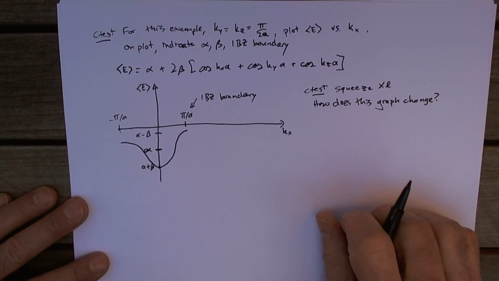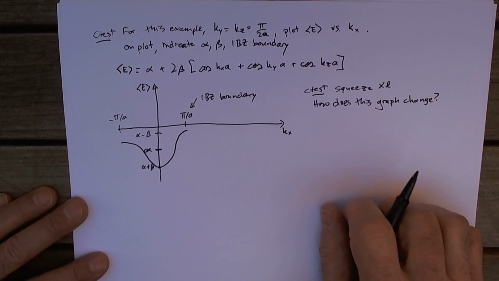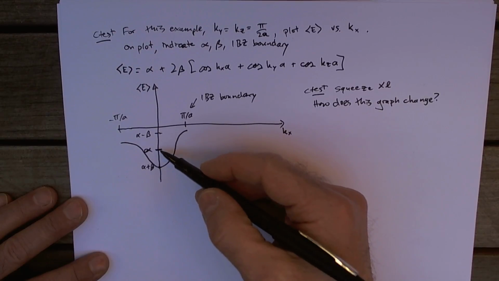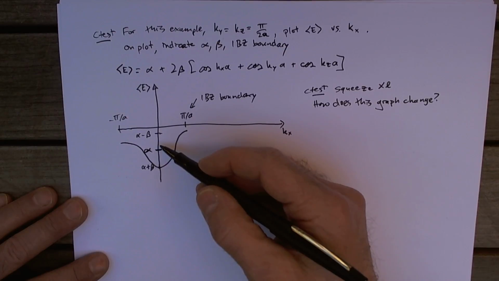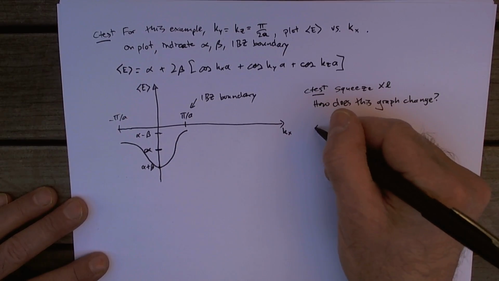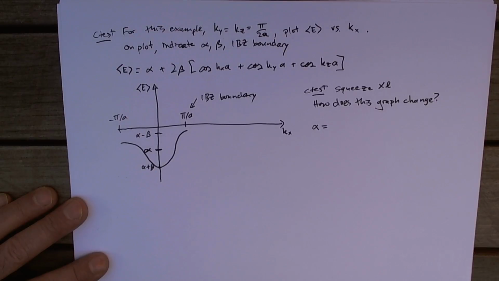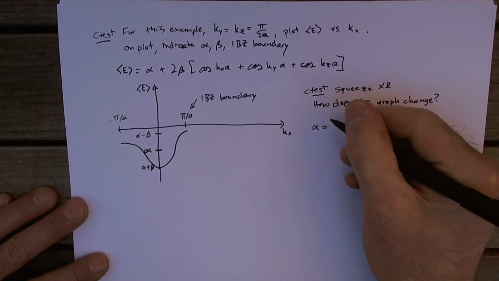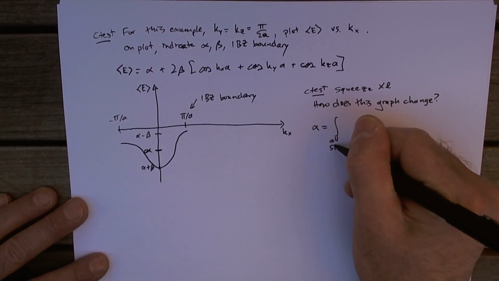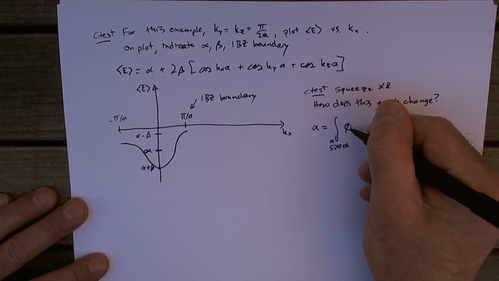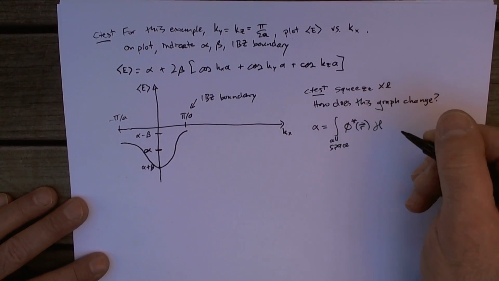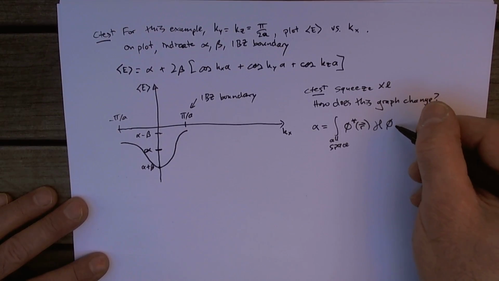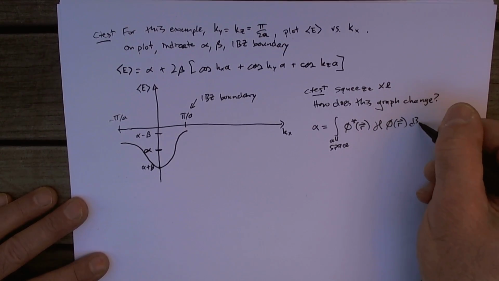Okay, so there are two things that we have to consider: the changes resulting from the squeezing to alpha and to beta. So recall that alpha is, let's make sure I've got the correct definition. Alpha is the integral over all space of phi star, the atomic wave function centered on the origin, times the crystal Hamiltonian operating on phi centered on the origin.